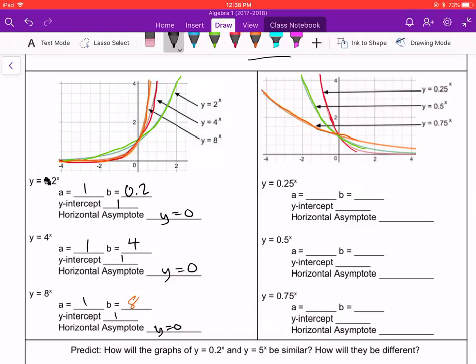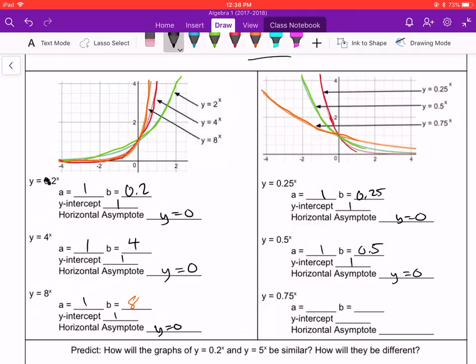So here, we still know that A is 1. If B is 0.25, the y-intercept is still 1, and the horizontal asymptote is still 0. A is still 1, B is going to be 0.5, your y-intercept is still 1, your horizontal asymptote is still y equals 0.